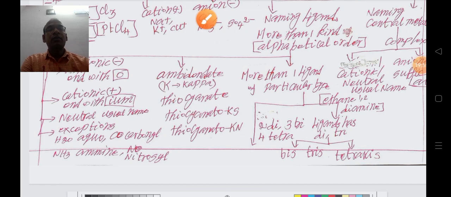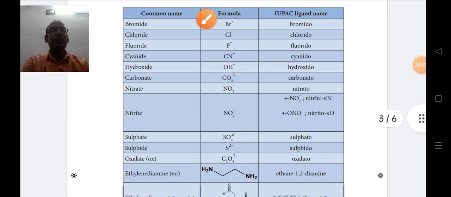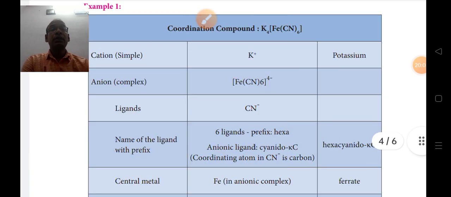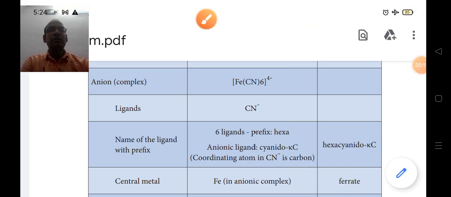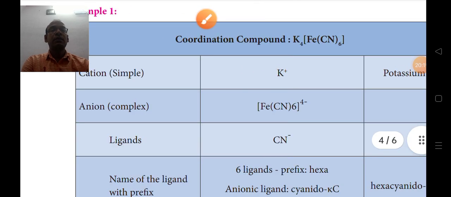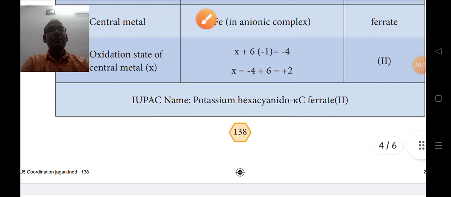Now see the 3 examples given in a book. In this case, one important point: this is a complex. These are all for explanation purposes. From an exam point of view, for a complex, directly writing down the name itself is enough.